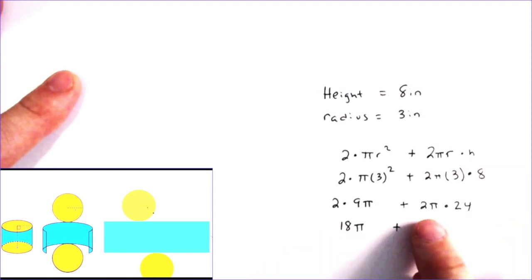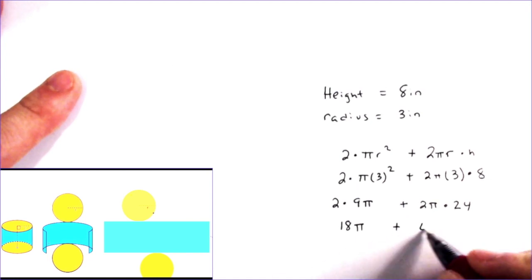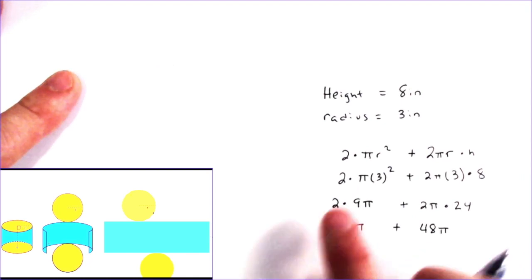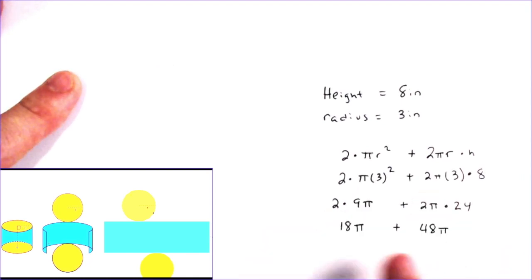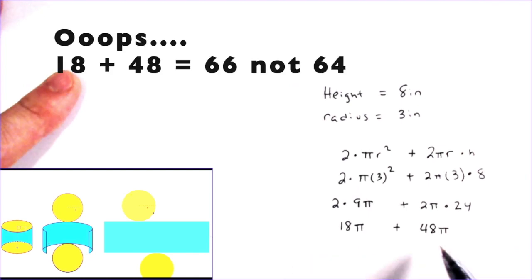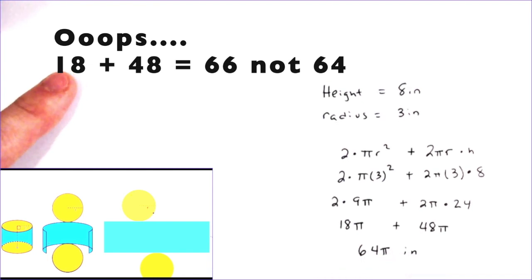I'm going to multiply 2 and 24 together to get 48 pi. And now, because they're both pi's, I've multiplied everything, I can add these two things together. So if we add 18 and 48 together, you end up with 66 pi inches squared.